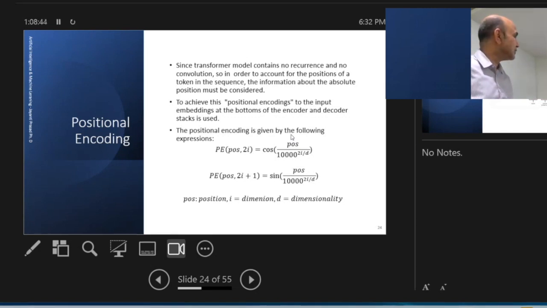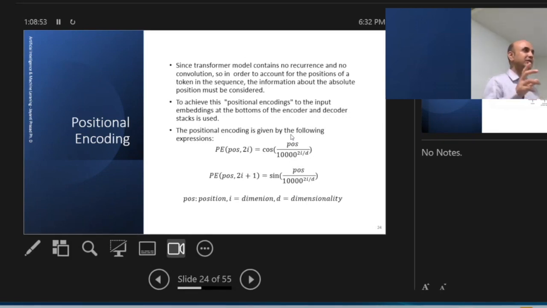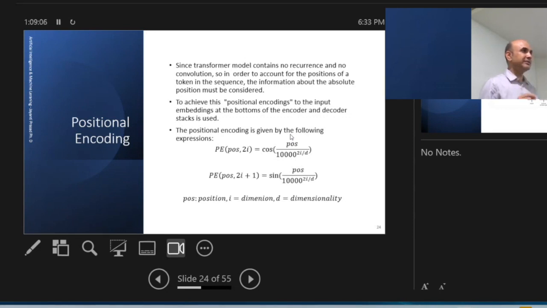Here, POS is the position, and the position can be from 1 to 10 if the sentence has only 10 tokens. And in 2i, i is the dimensionality. Our embedding vector may have 300 dimensions, so i will go from 1 to 300.